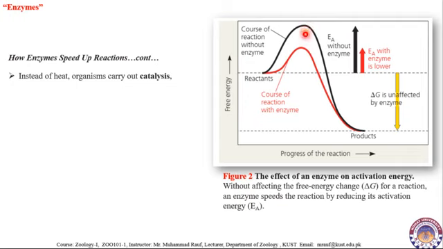So what will happen? Enzymes will lower the activation energy. Now activation energy is at that level, and with the introduction of the enzymes this level will decrease, so it will be much easier for the reactants to cross this barrier as compared to this one.